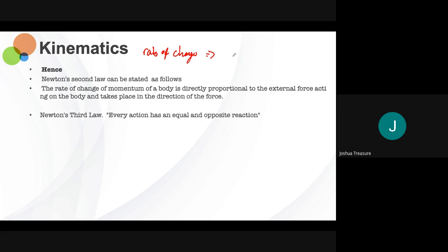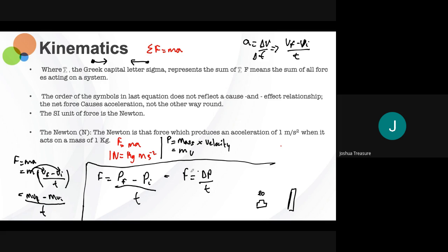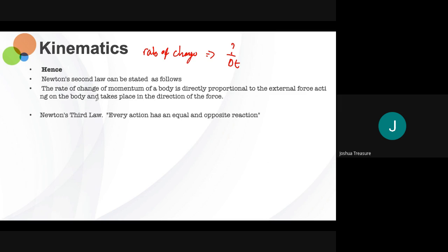So you want to think about a particular quantity over time. So the rate of change of momentum of a body is directly proportional to the external force acting on the body and takes place in the direction of the force.